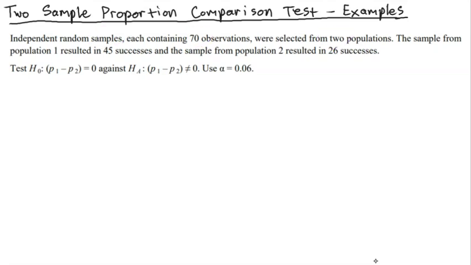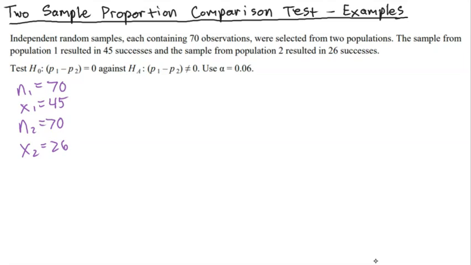Basically that means N1 is 70 and N2 is also 70. The sample from population 1 resulted in 45 successes, so X1 is 45. And the sample from population 2 resulted in 26 successes, so X2 is 26.